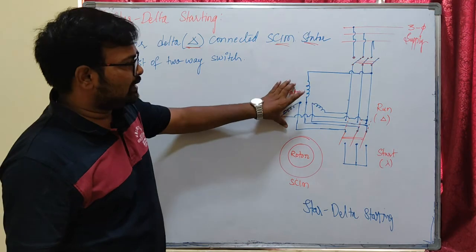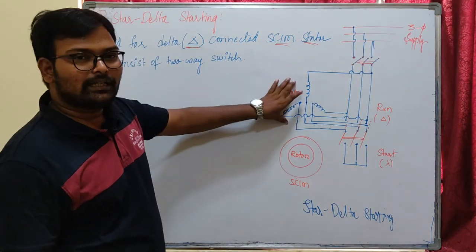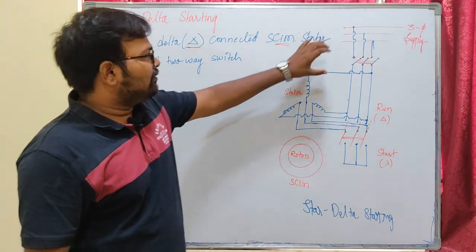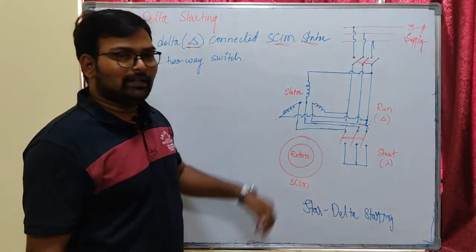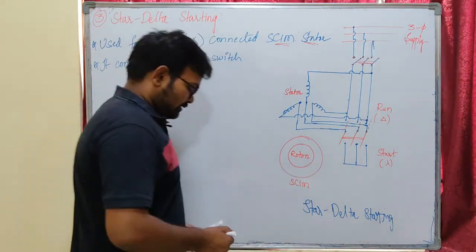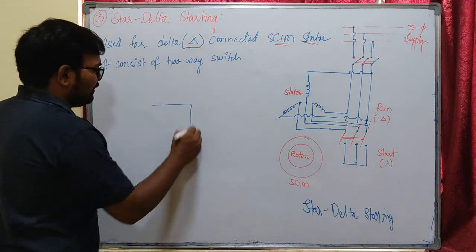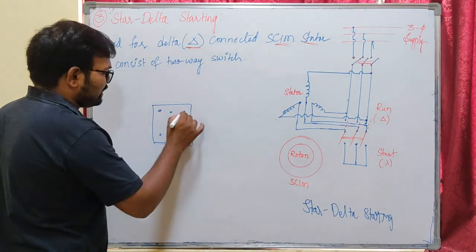So this is the stator of our squirrel cage induction motor and this is the rotor. As I earlier told you, this is a delta connected stator. Now this is our three-phase AC supply. We are going to supply the stator using three-phase AC supply. Here you can see the stator terminals, I told you about the stator terminal box.